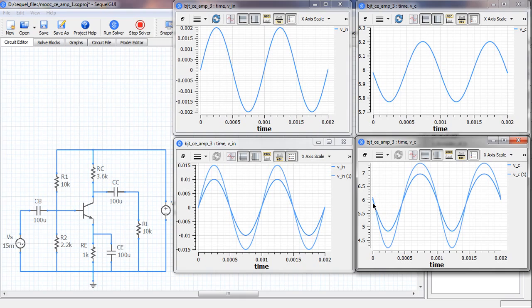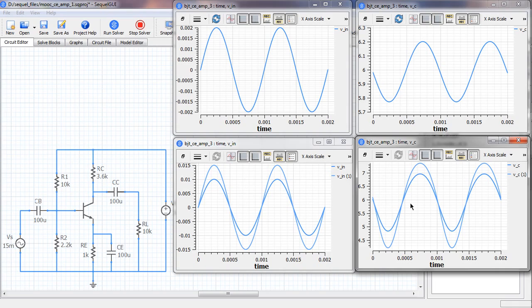If we increase the input amplitude to 15 millivolts, then we have this output waveform, and now the distortion is more obvious. This positive half definitely looks broader in a way than the negative half.